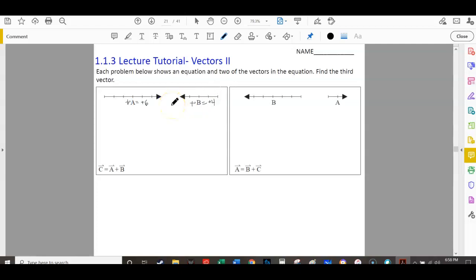To get the C vector, you're going to be adding the A vector to the B vector.